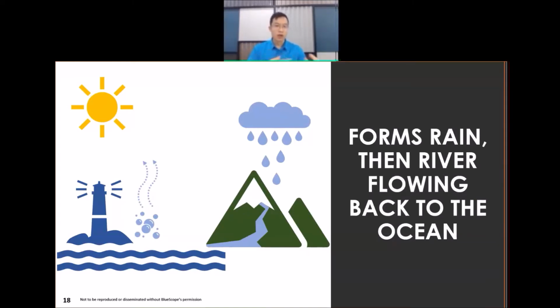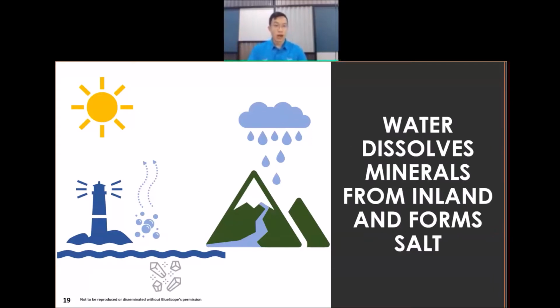And this rain itself will be collected in the nooks and crannies of the inland mountains, hills, and so on, and hence forming lakes and rivers. And as the water percolates through the mountains or rivers or stones, it actually started collecting or dissolving the minerals that are contained inside all these rocks and so on.